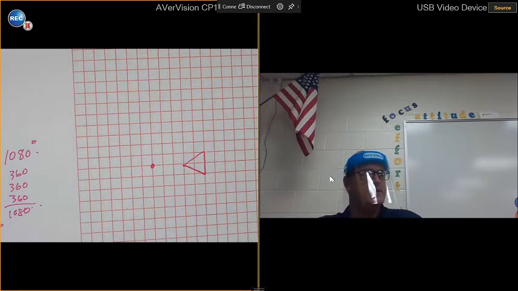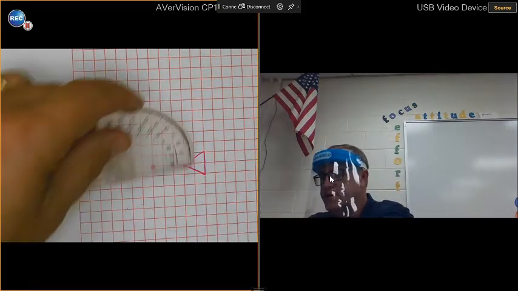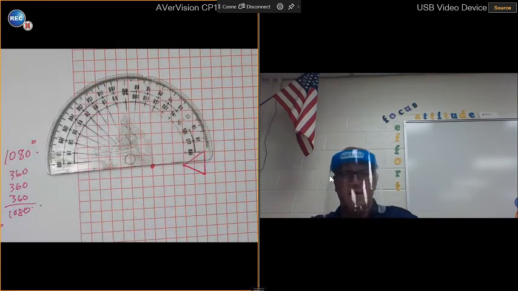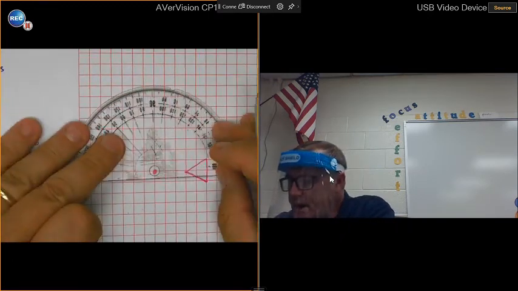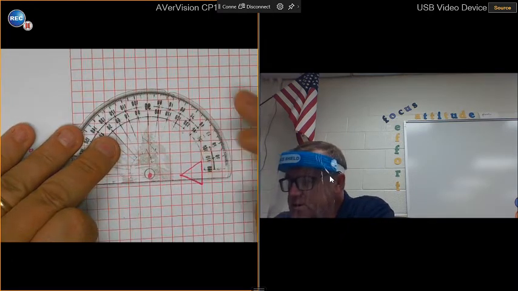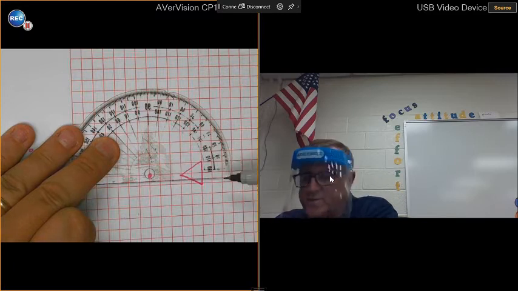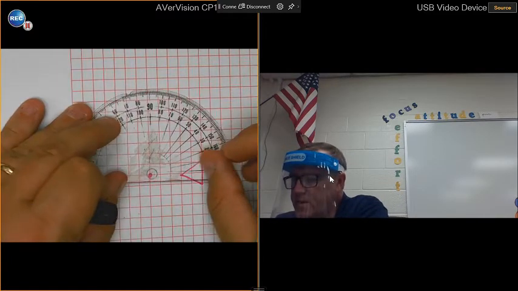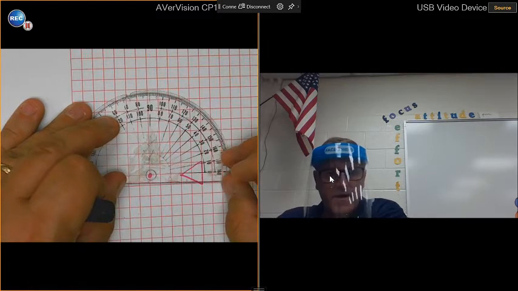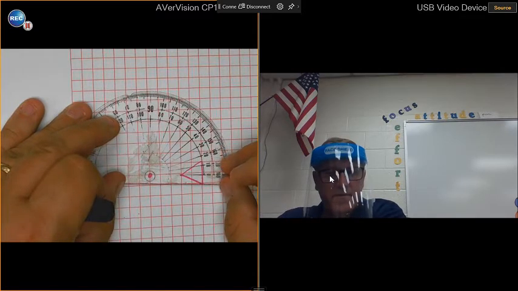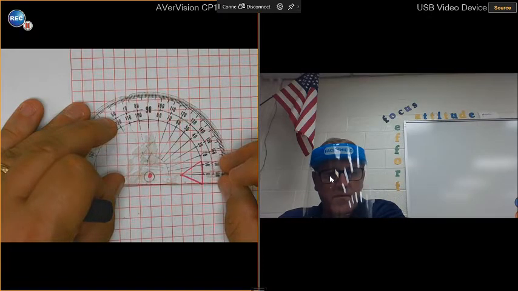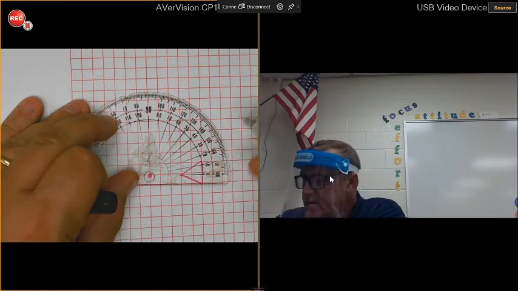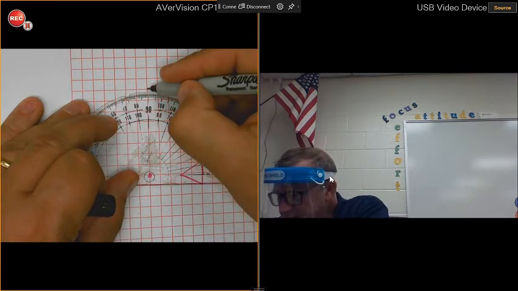Well, how you do that is you use your protractor and you connect the dot, and you have to make sure it lines up with the 180. I got my protractor upside down. Let me see a little better. Does that line up right? There it is. Perfect.